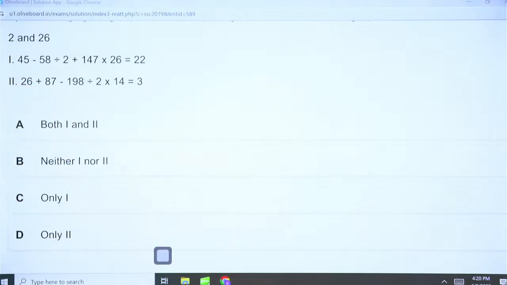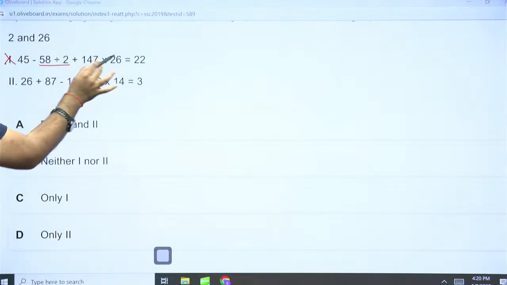Now we'll have to change 2 and 26. So if we change 26 and 2, this will not be divisible, right? Because it's 52. So this will not be correct. We can figure it out from here only.